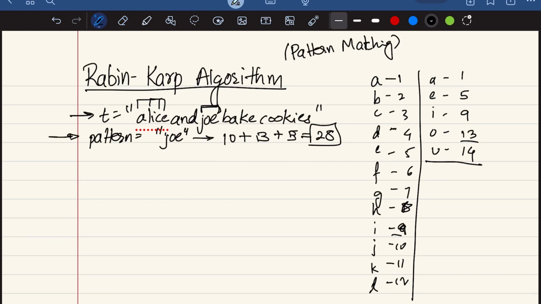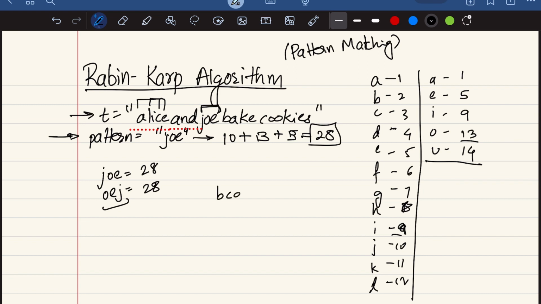If you think about the method we just discussed, we get some value for Joe. But if we use a simple hash function and have a different pattern, the value for this is also going to be 28. Assuming we have some string like BCA BCA BCA, and we need to find a pattern like this, the value is going to be the same for this, but it's also going to be the same for this.